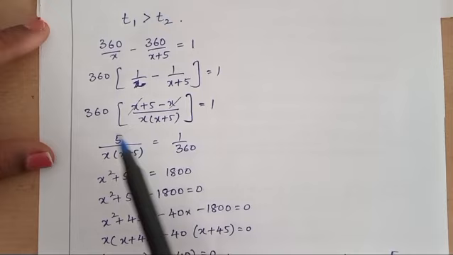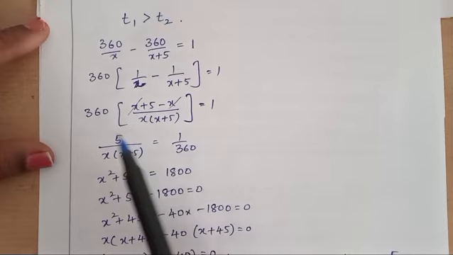Raj took 4 hours more than Ajay to complete the journey of 400 kilometers. The questions are: what will be the distance covered by Ajay's car in 2 hours? Second one, write a quadratic equation to determine the speed of Raj's car. Third one, what is the speed of Raj's car? Fourth one, how much time did Ajay take to travel 400 kilometers?